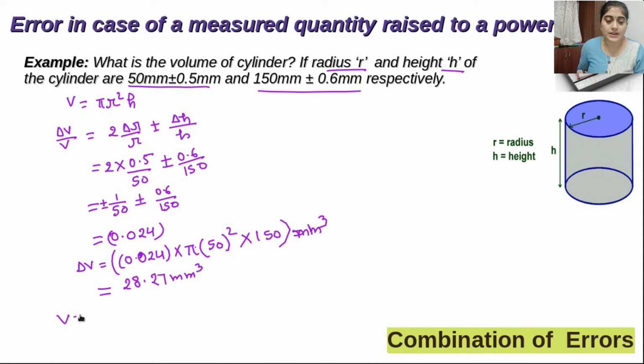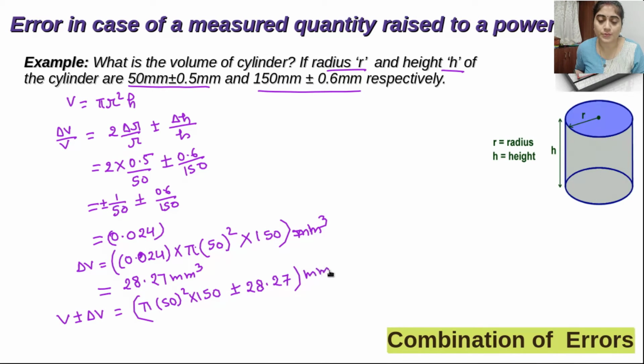So V plus minus delta V equals pi into 50 square into 150 plus minus 28.27. Both things are in mm cube, so the units are the same. This will equal 1178 plus minus 28.27. So this is the value.